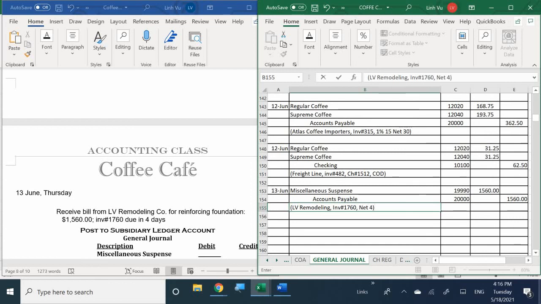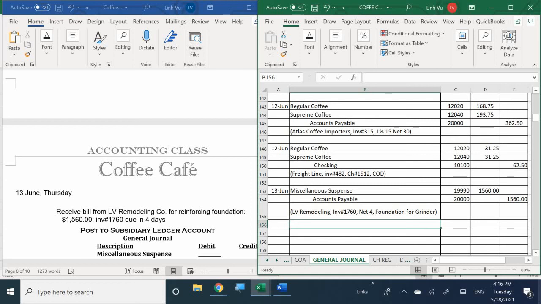And if you want to enter in here that this is the foundation, you can also enter that in there too. Foundation for grinder. So here, our debits and credits match. We journalize the accounts and we have our description.